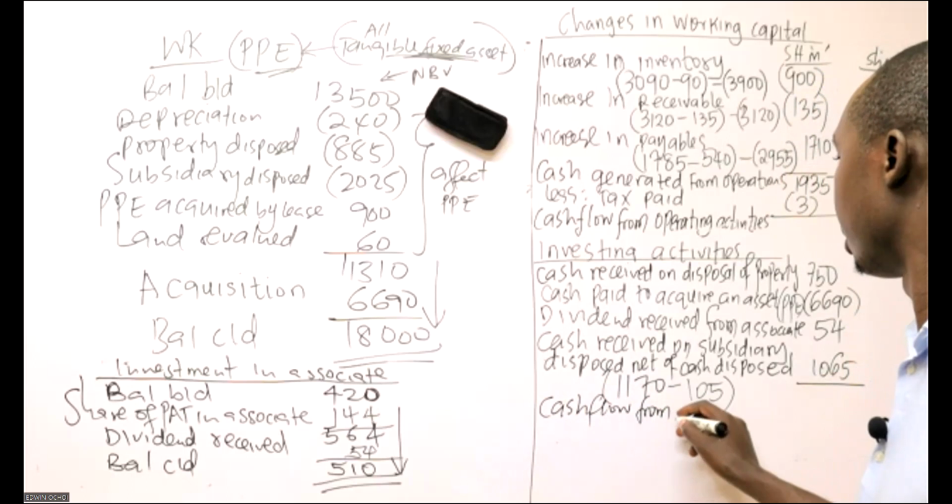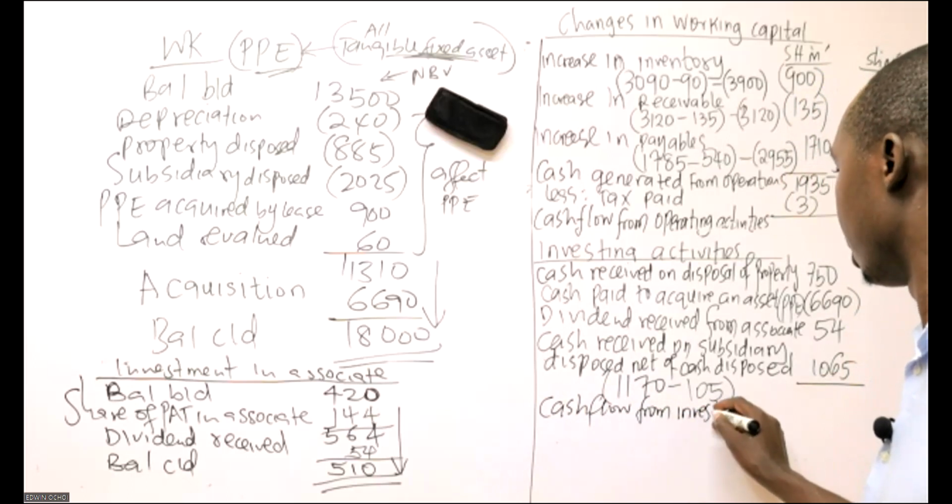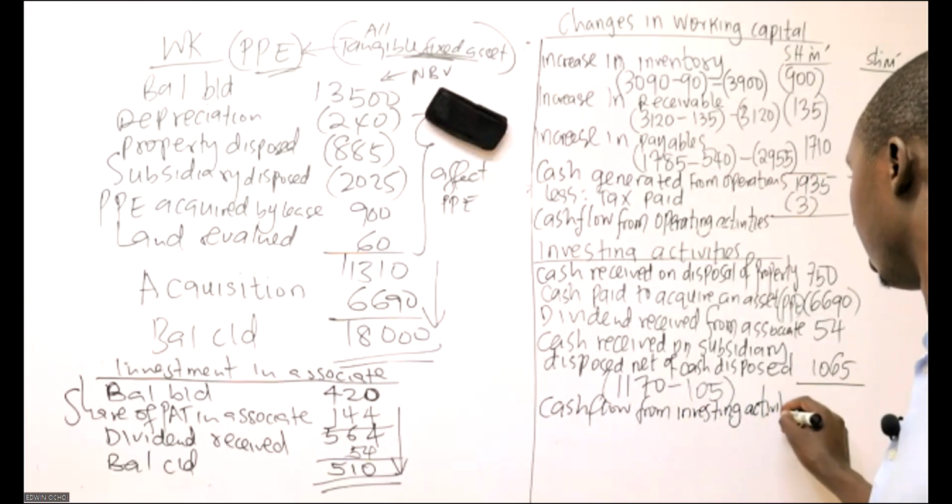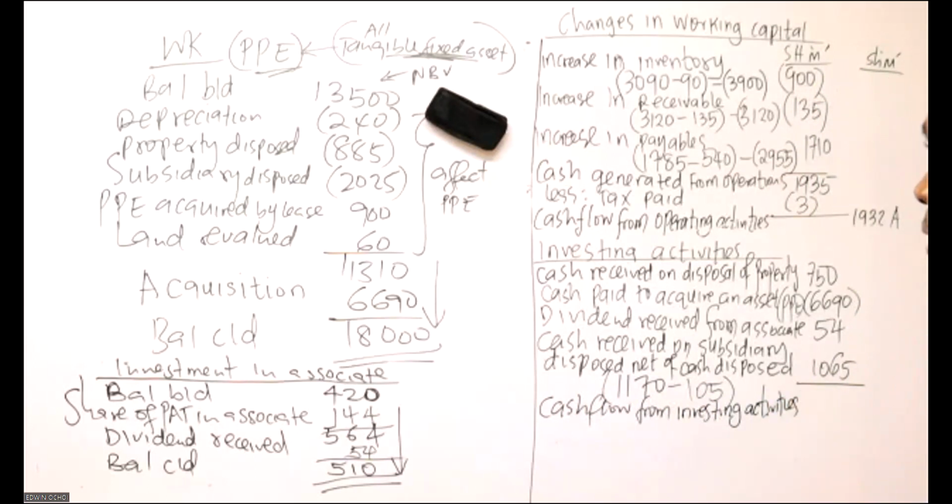So up to this point, we have cash flow from what? Cash flow from investing activities. So 750 minus 6690 plus 54 plus 1065. So this is a cash outflow of 4821.